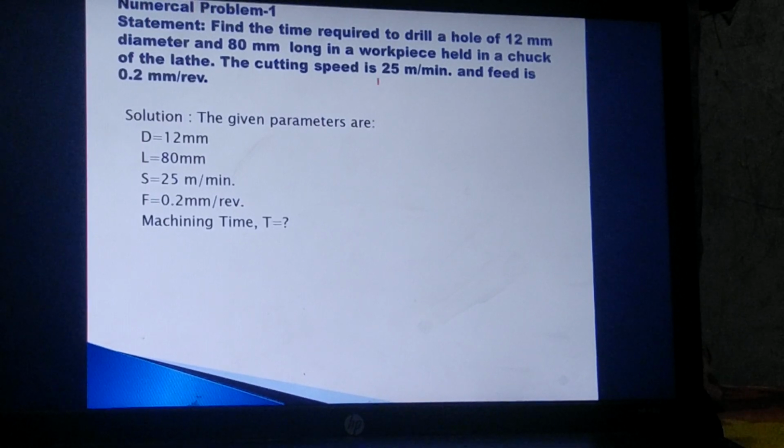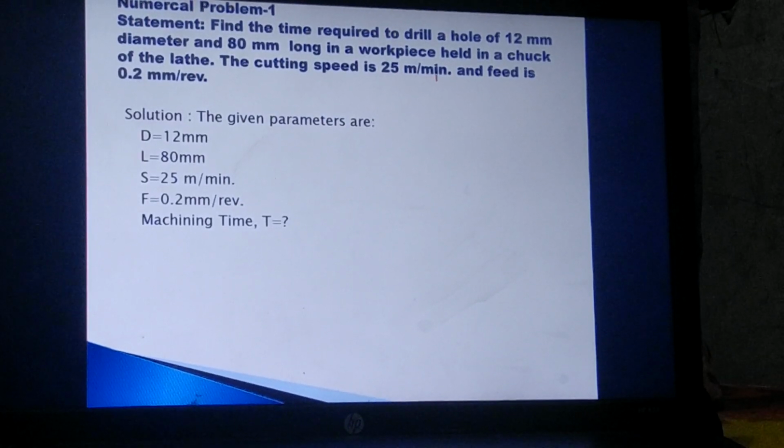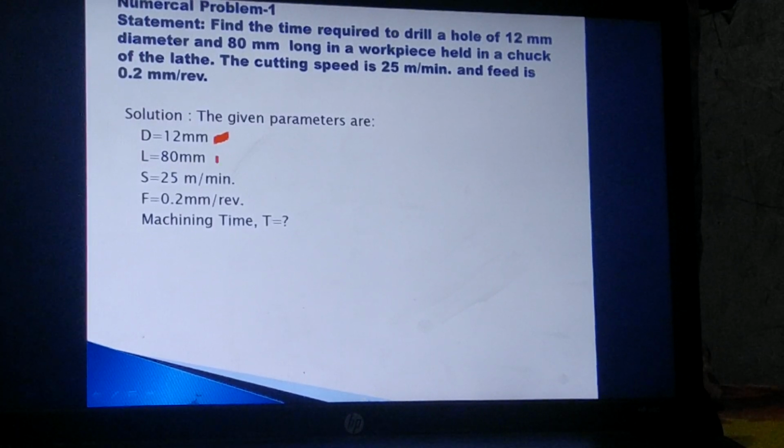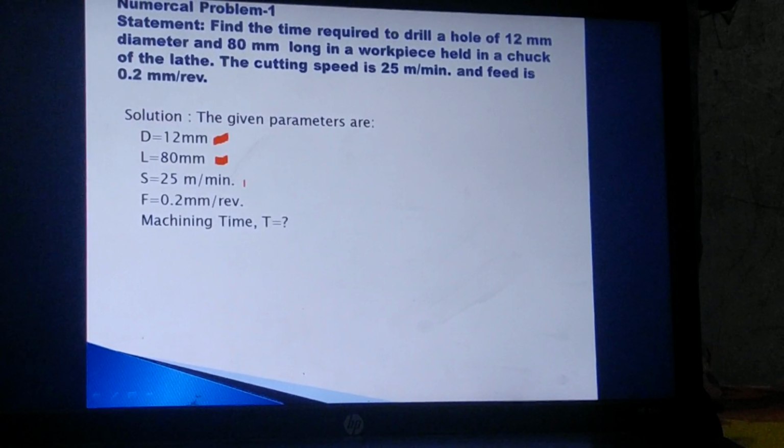The cutting speed given is 25 meters per minute and the feed is 0.2 mm per revolution. First we will write the given parameters: diameter D is 12 mm, length is 80 mm, cutting speed is 25 meters per minute, feed is 0.2 mm per revolution, and we have to calculate the machining time.